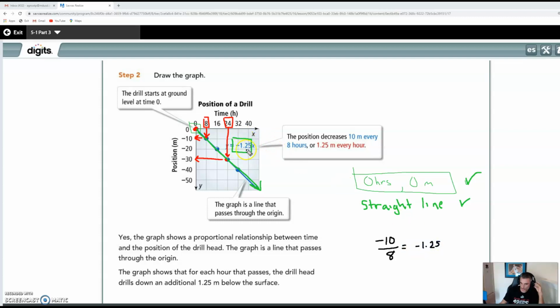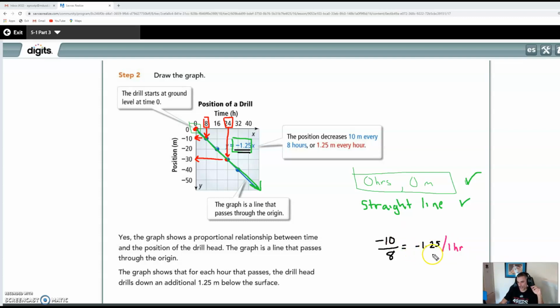So that's where this number is coming from, and we call that the constant of proportionality. This is the amount that the drill is going down every 1 hour. So I can say negative 1.25 every 1 hour. Now our problem had us going in units of 8, so I'm not too concerned with this number right now. We'll talk more about this in this unit.